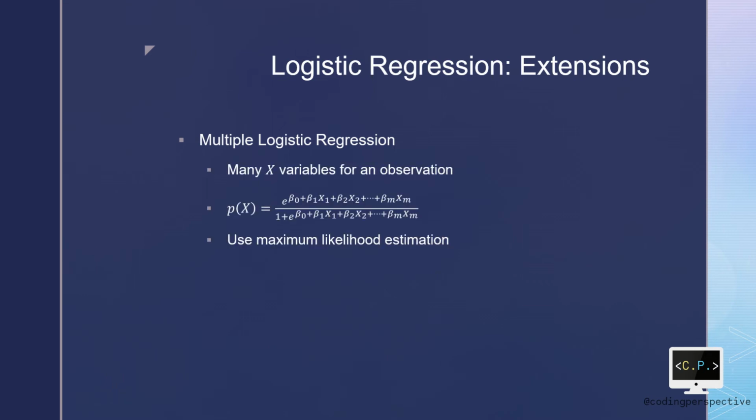In that case, nothing really changes in our model except the additional terms in the logistic function. For that case, we have to sum over all beta coefficients and the variables x. For estimating the beta coefficients, nothing changes. We will again employ the maximum likelihood method for obtaining the best beta coefficients.